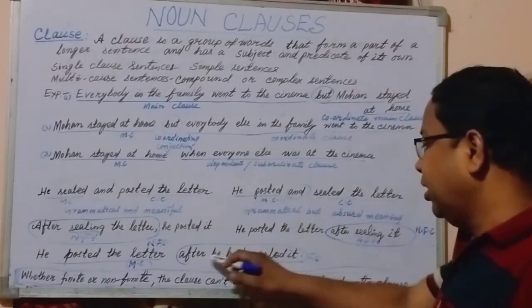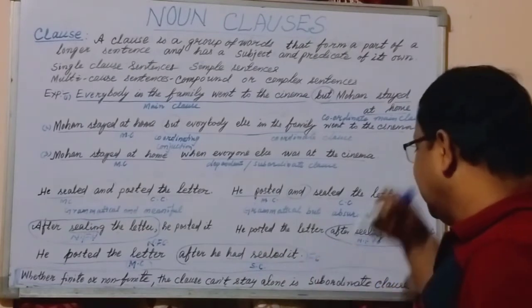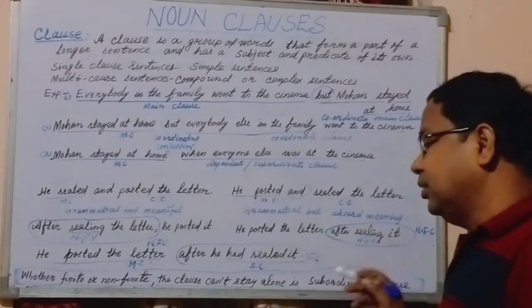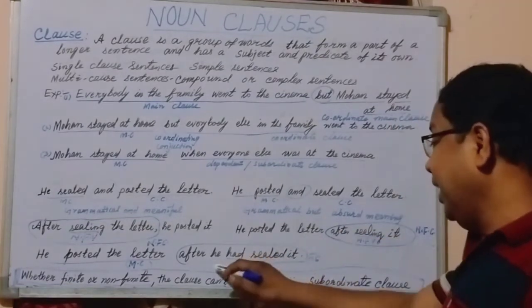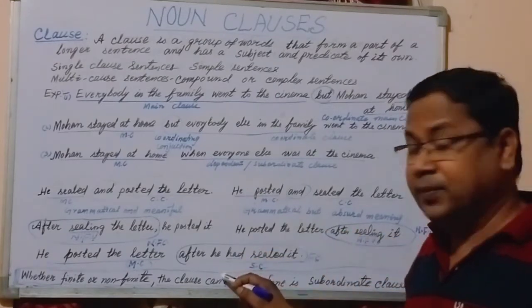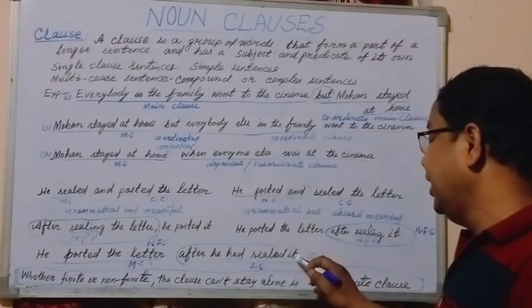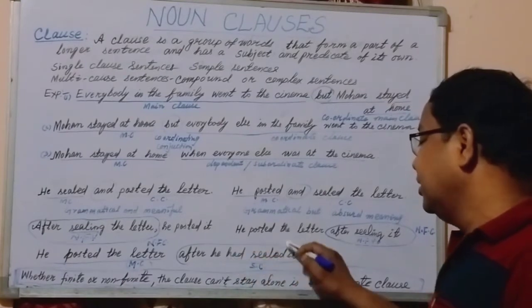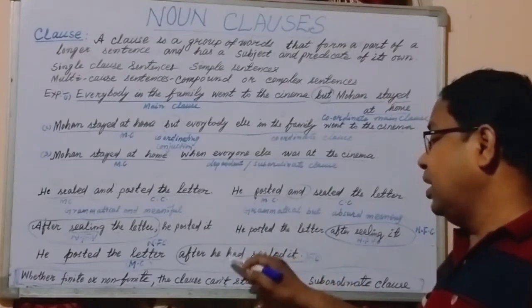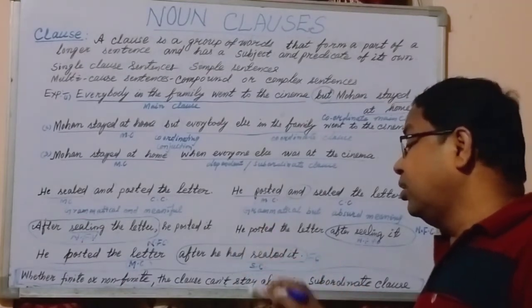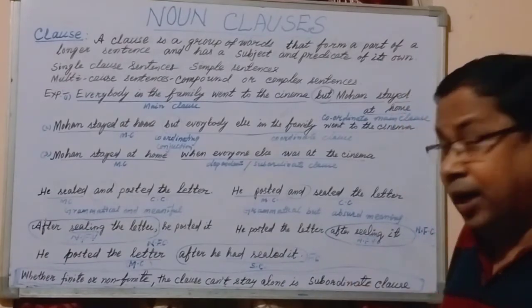But after he had sealed it, the meaning of after he had sealed it is equal to after sealing it. But the grammatical structure is not the same. He had sealed it. Here had sealed is the verb. Here had is your finite verb.